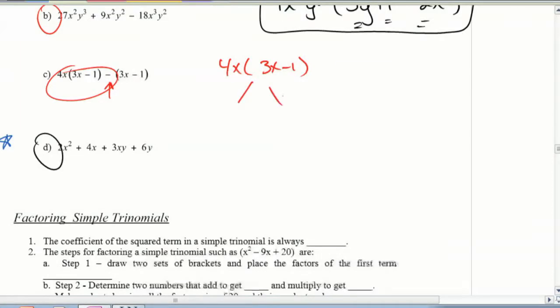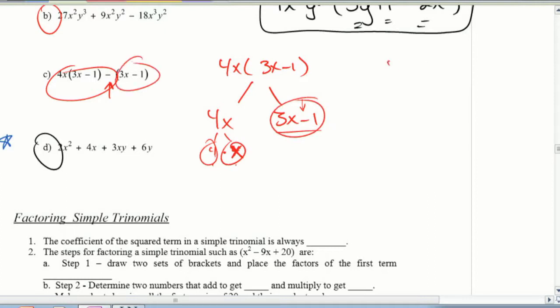If I do a factor tree, I have 4x and 3x minus 1. I could break the first one down further, into 4 times x. I can't break the second one down any further though, because it's separated by this minus sign.